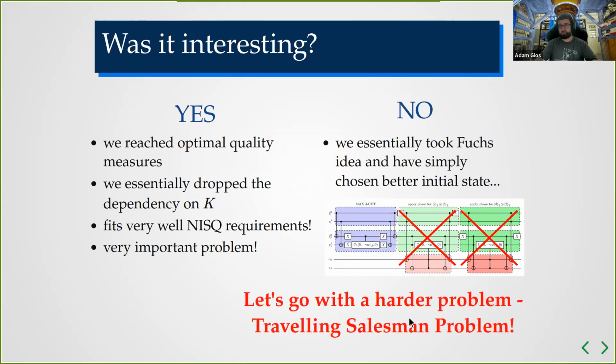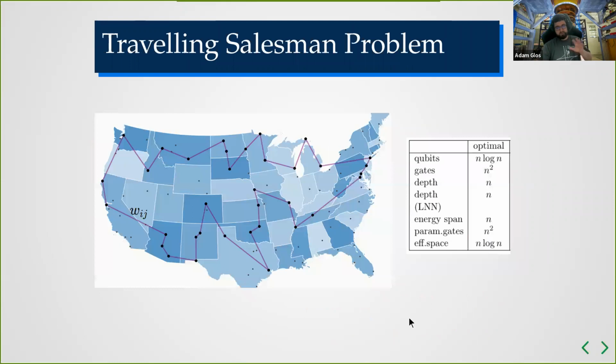And the solution for our lack of satisfaction was to move to a more complicated, at the same time paradigmatic problem, which is the traveling salesman problem. The traveling salesman problem can be defined as follows.